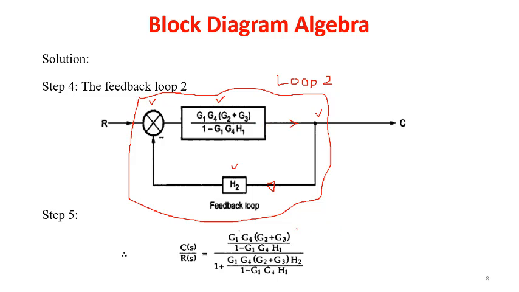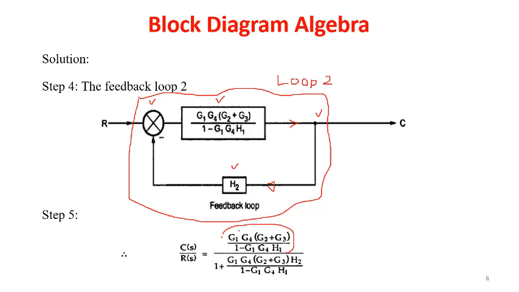For that, we should write it in this particular form. Here we are going to get the transfer function for this particular block or for this loop. So in the numerator, in place of the G block, we get G1 G4 bracket G2 plus G3 whole divided by 1 minus G1 G4 and H1.